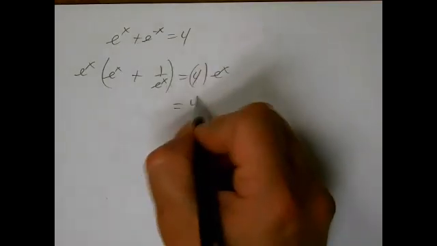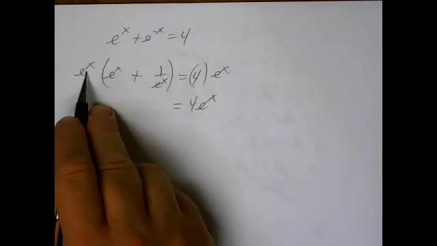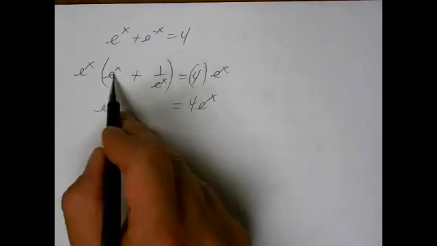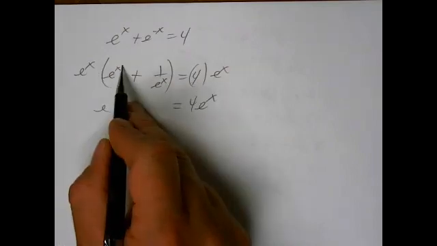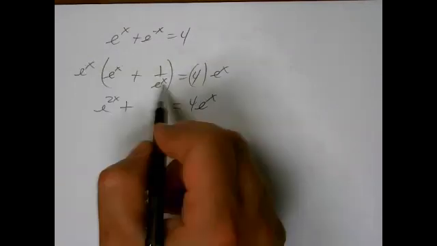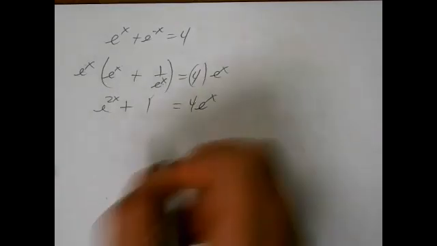The right becomes a 4 e to the x. On the left, e to the x times e to the x. Be careful with this one. Remember, when you multiply like bases, you add the powers, and x plus x is 2x. And here you have cancellation. So that's just a 1. Okay, I'm going to move the 4 e to the x to the left.